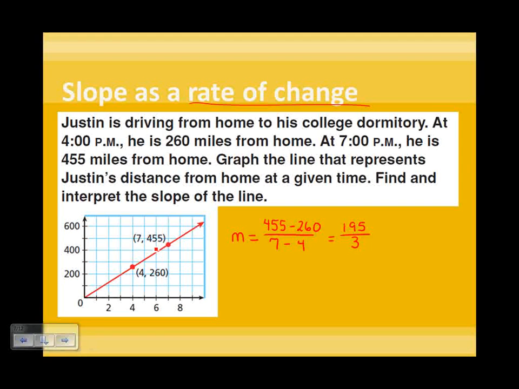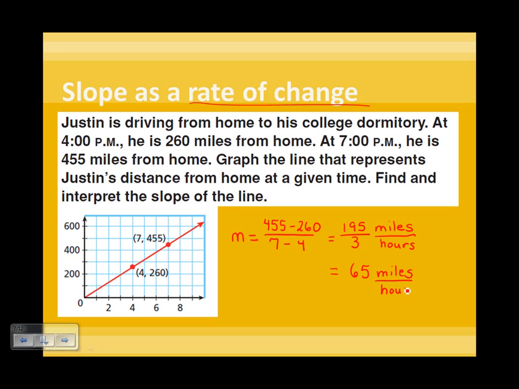Now the y value is measured in miles, and the x value is measured in hours. And so that's how we get our slope as a rate of change in miles per hour. So if I do 195 divided by 3, I end up with 65 miles per hour.